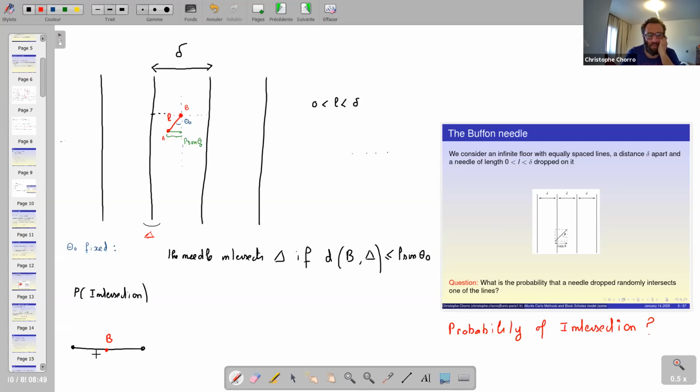So I have an area that I write in green here that is okay for the intersection, where here you have the point L sine theta 0.